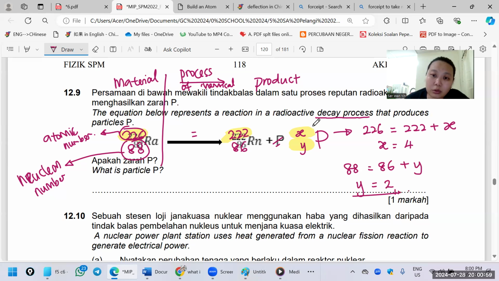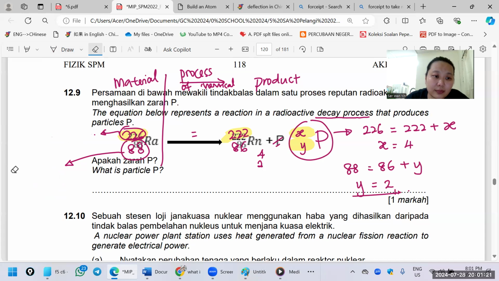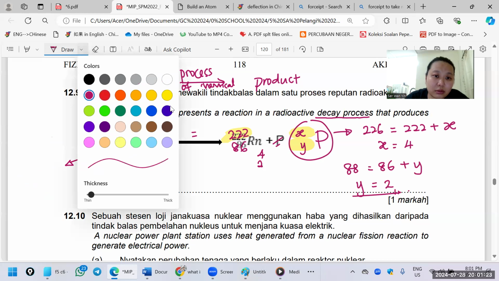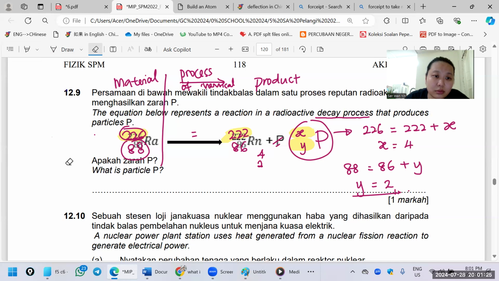So we can get a conclusion. This P has 4 nucleon number and 2 proton number. Sorry, my fault, I said something wrong.